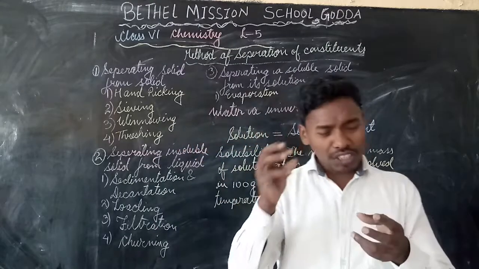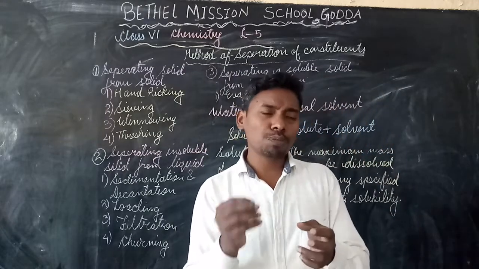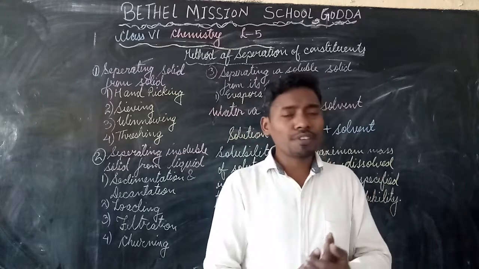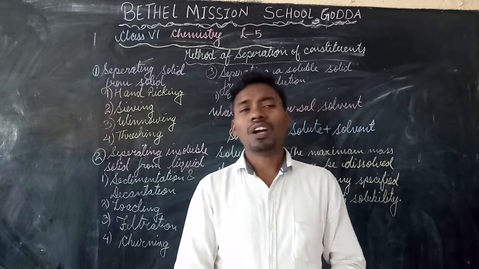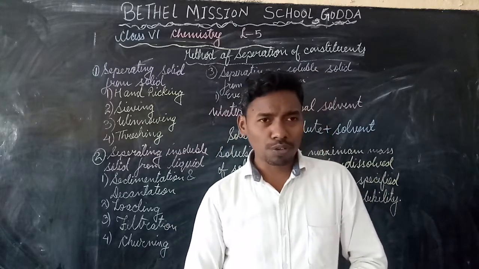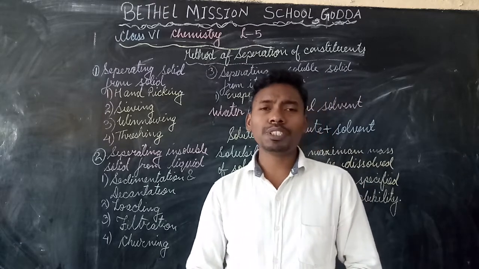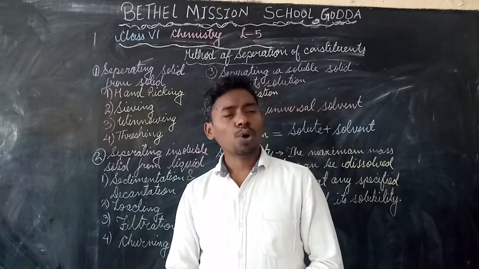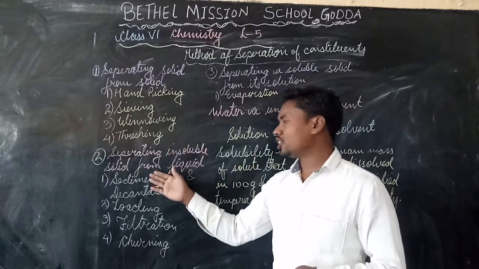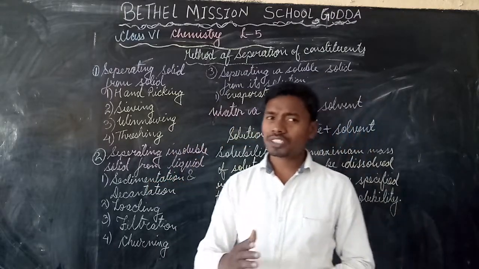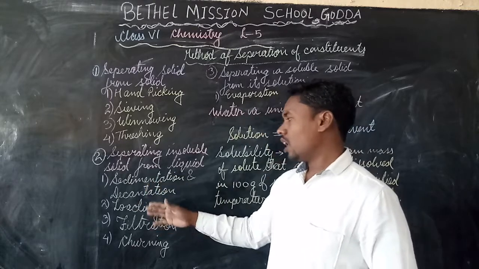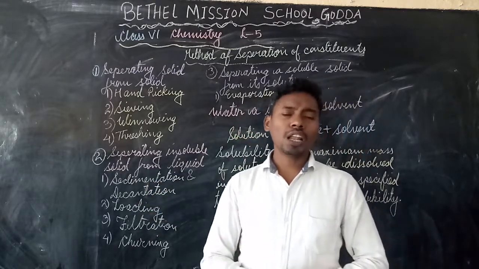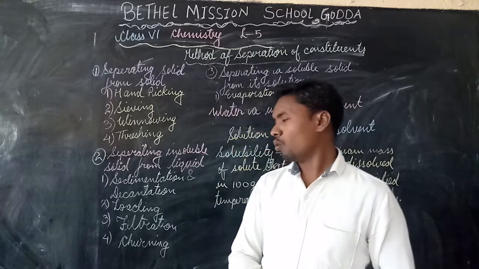Since this alum gets deposited on these fine particles, they get heavy, and when they get heavy, obviously they are going to fall down. Means they will settle down quite easily and in a faster manner. So loading makes sedimentation faster. How? By dissolving potash alum in the impure water.